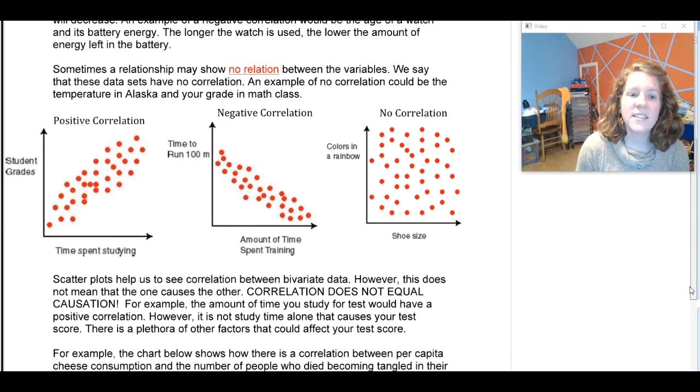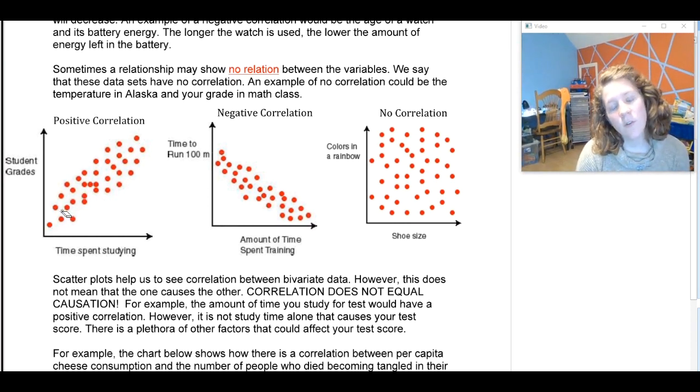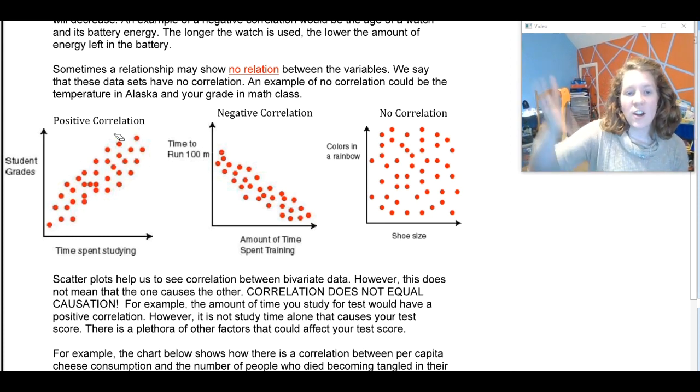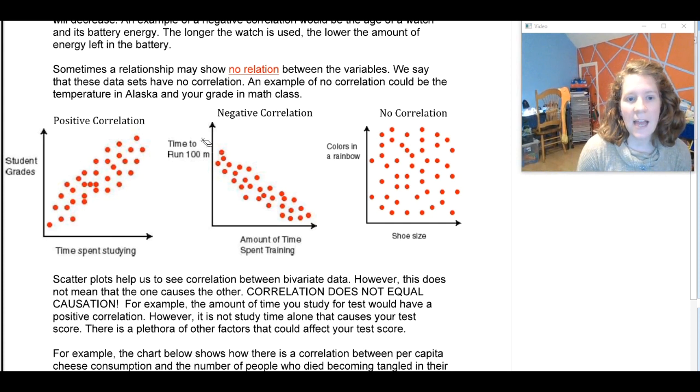All right, so here's an example of what those would look like. A positive correlation is going to end up with a cloud of ordered pairs that, as you move from left to right, are increasing. So it's getting higher and higher. Another example of positive correlated variables would be the time spent studying and a student's grades. The more this kid studies, the higher the grade would be expected to be.